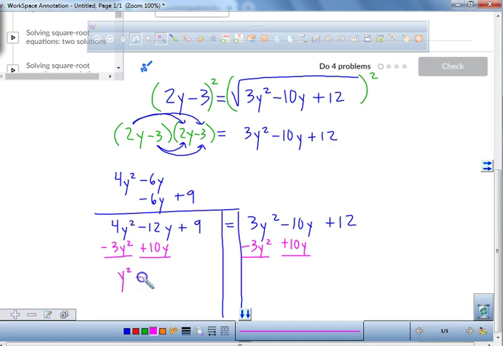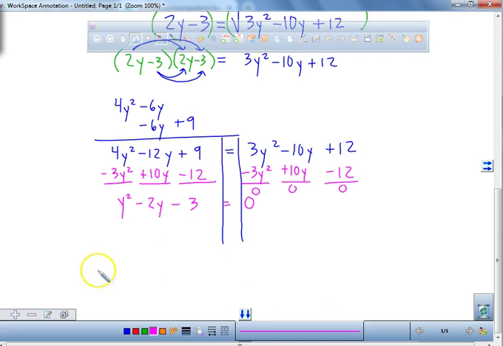And that gives us a negative 2y. Then we're going to take away 12 from this side, take away 12 from this side. 9 minus 12 is negative 3. And what do we have all over here? We have a 0 and a 0. So everything's equal to 0. Yeah, we're done. We've made everything equal to 0.